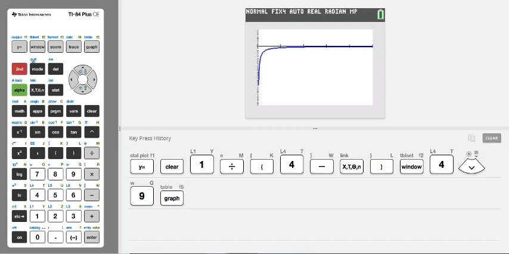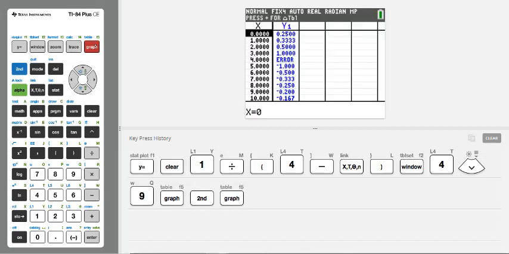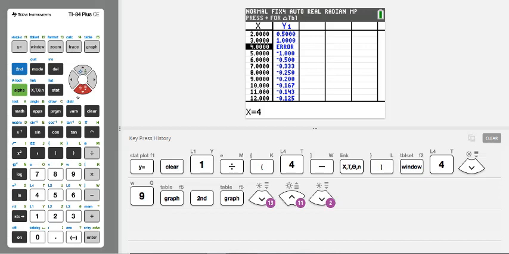We'll just look right here on our table. Well, it doesn't exist at 4. At 9 the value is negative 0.2.